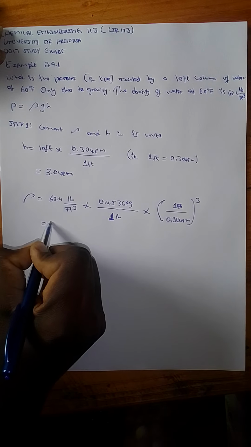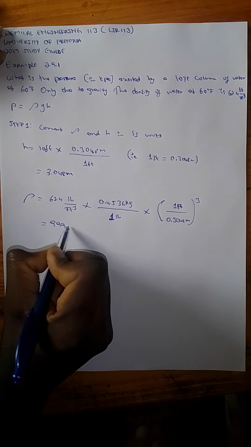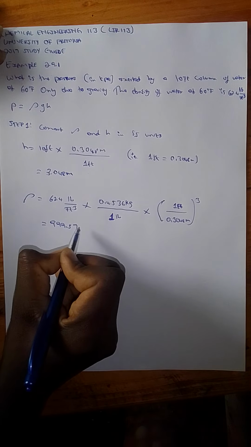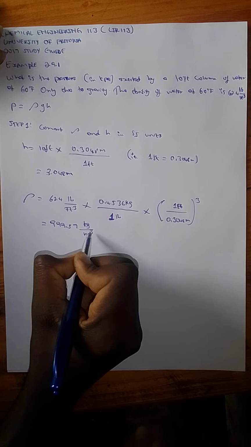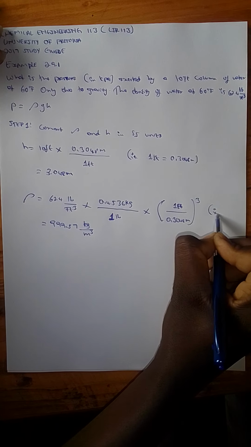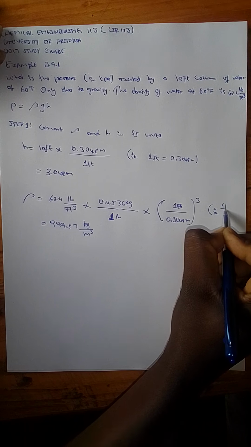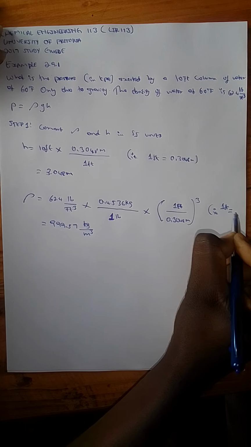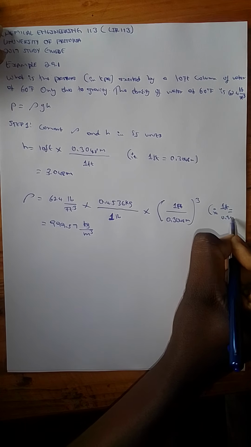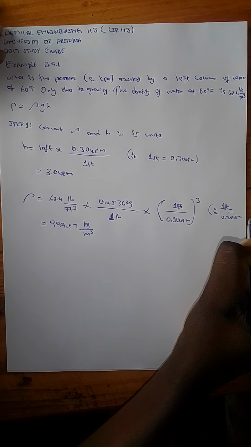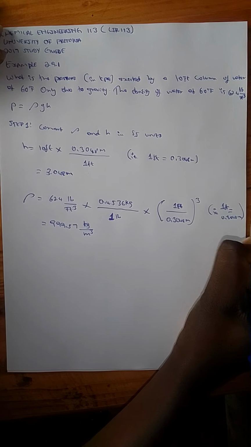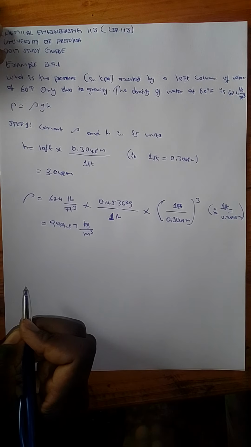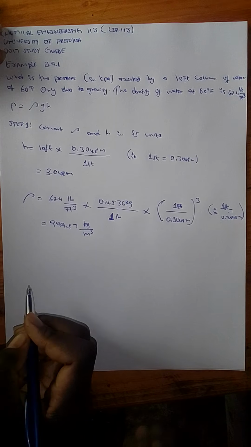That is going to give us 999.57 kilograms per meter cubed. And I write here, i.e., 1 feet equals 0.3048 meters. Sorry for the duplication, but it's okay.